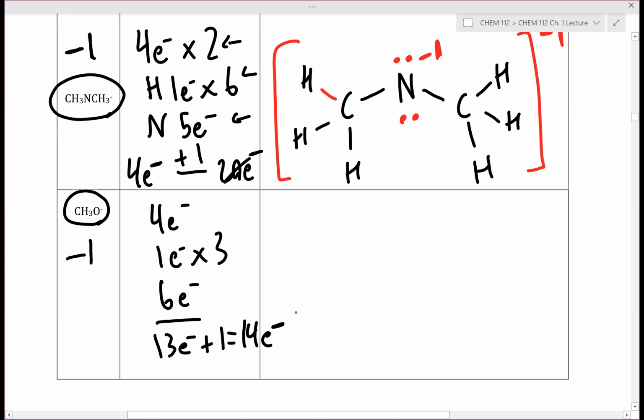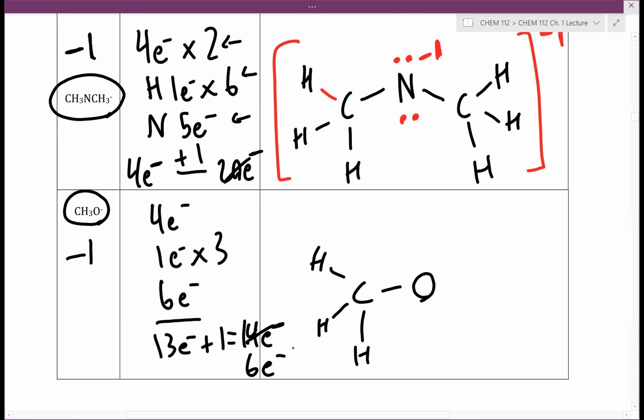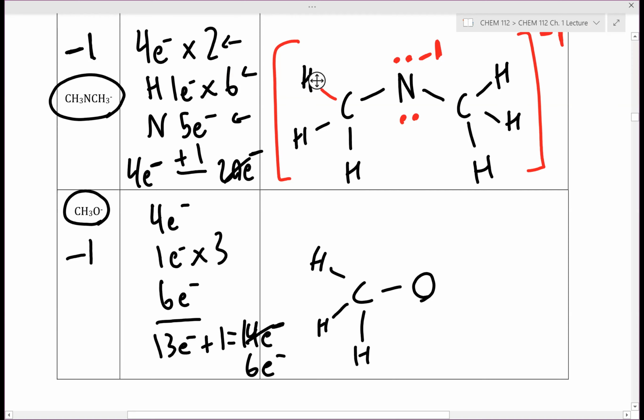Following our condensed formula, we write a CH3 group, and attached to the carbon is an oxygen. How many electrons have we used so far? 8. So we have 6 electrons remaining. What atom has an incomplete octet? Oxygen. 2, 4, 6.